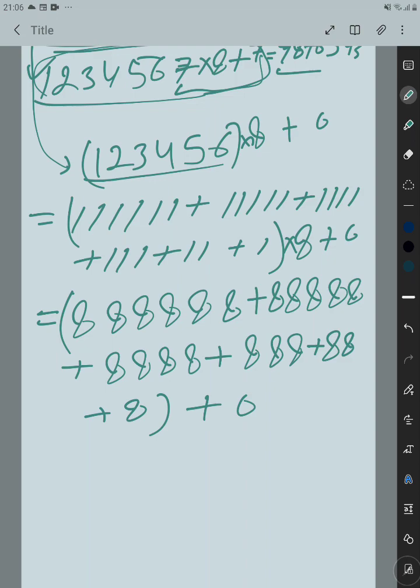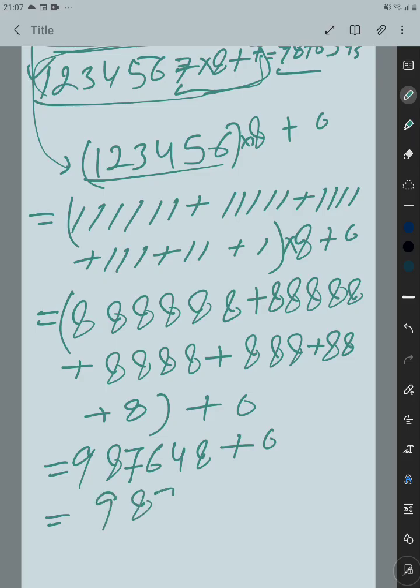If we add all these, I am adding at another place, so you can add it yourself. I am taking help to make it faster, so you can write this directly as 987648, plus 6.